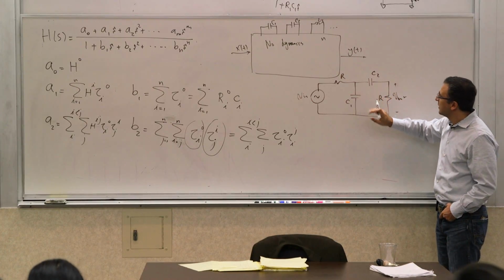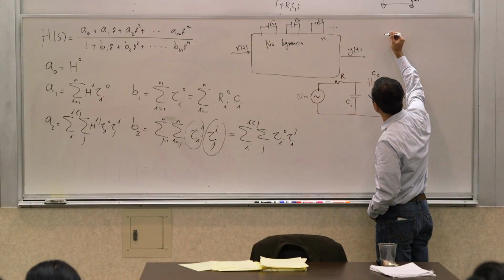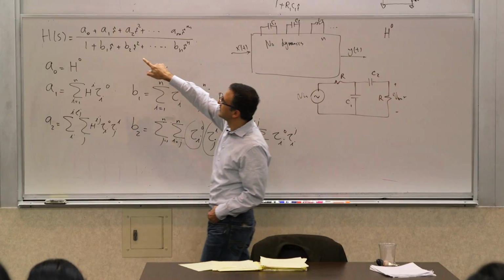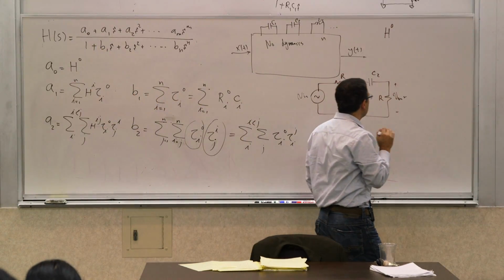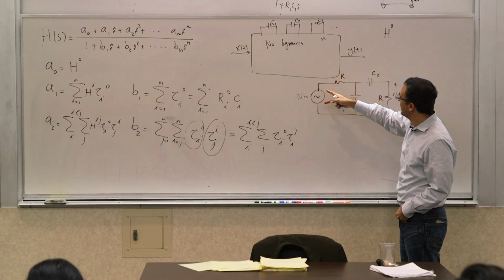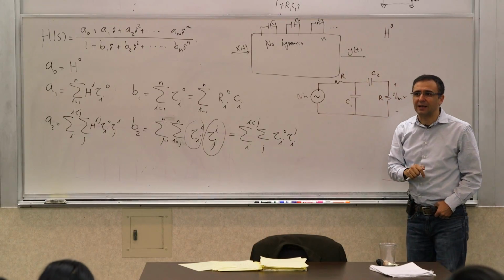So let's determine what are the things that we need to calculate. So the first one, let's determine H0 because that gives me A0. Right? What is H0? H0 is the transfer function, V out over V in, when all elements are zero valued.